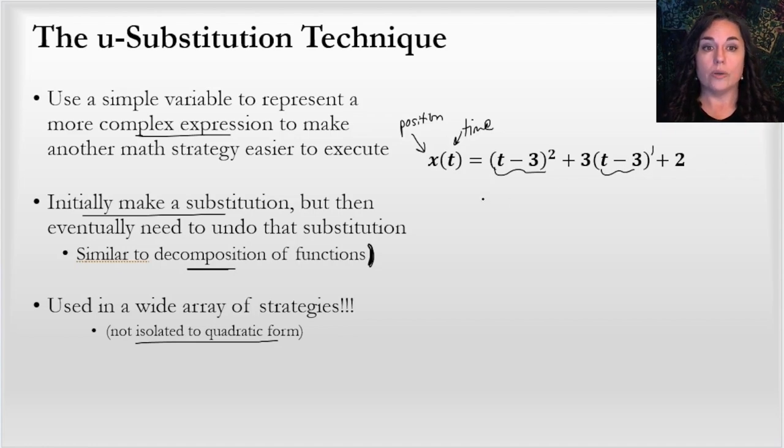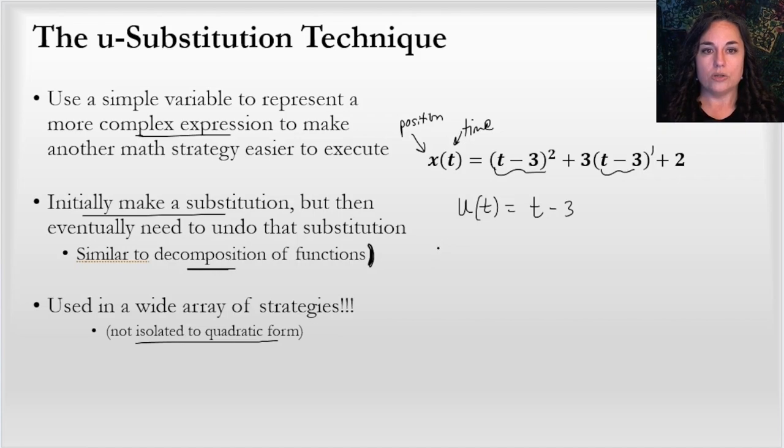Okay, so here's what we're going to do. We're going to let u equal a new variable I'm introducing. We're going to say u of t is a smaller portion of that larger function. We're decomposing it, right? So I can say u of t equals t minus 3.